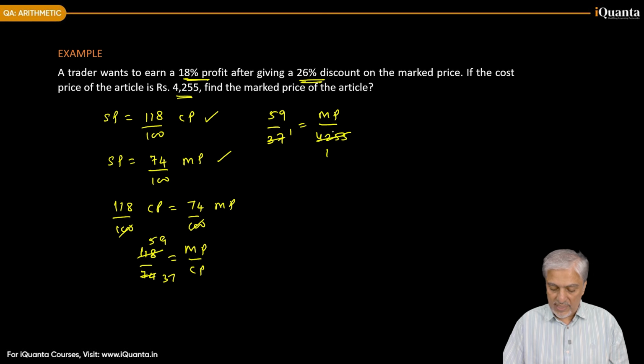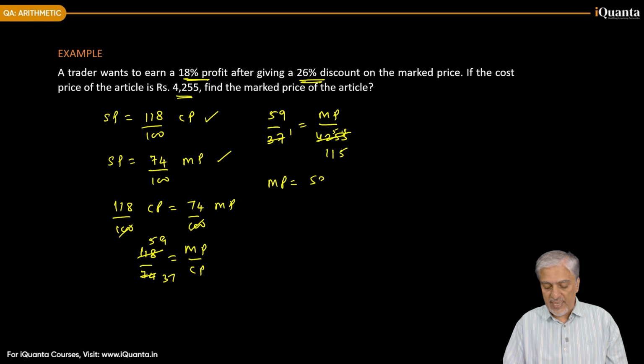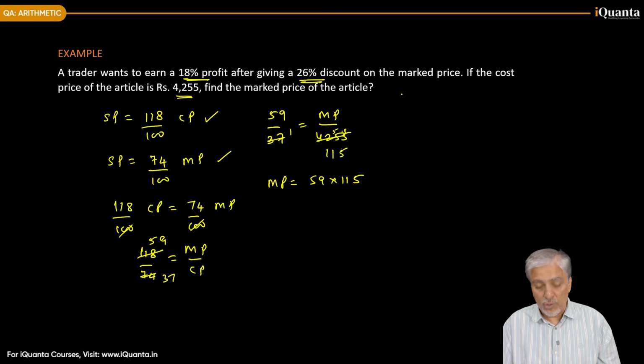37 ones are 37, 5 carry. 37 again, ones are 37. That will go 37. So we'll be left with 18, and 37 fives will be 185. So your mark price is going to be 59 into 115. Just showing you how you can do calculation smartly if you don't have a calculator.